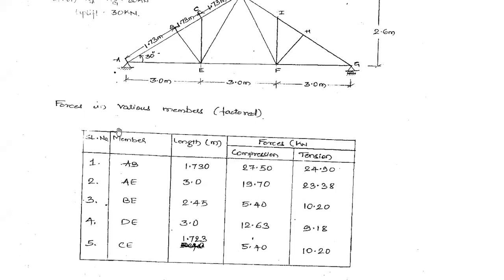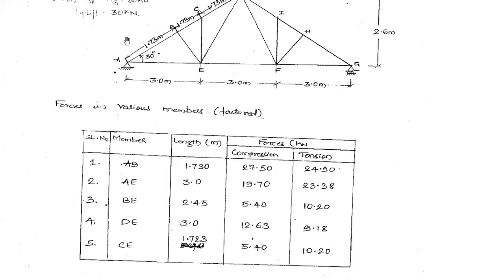These are all factored forces, as mentioned here. When this member is subjected to compressive force, the magnitude is 27.5. If it comes under tension, then the magnitude of the force in tension is 24.9. On analysis, we'll come to know that.